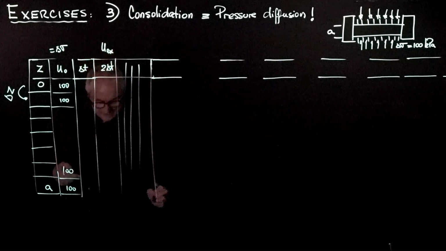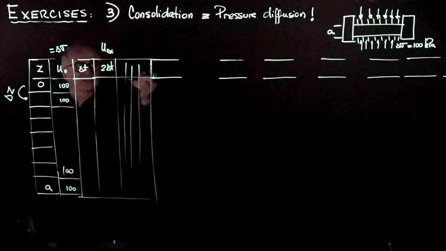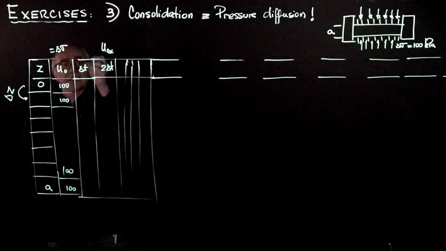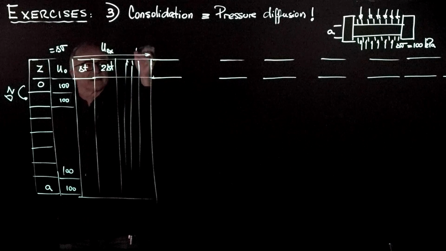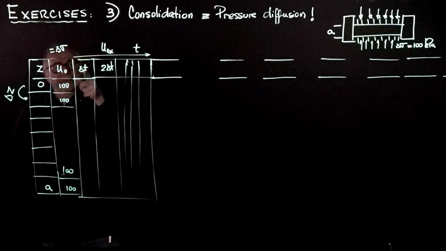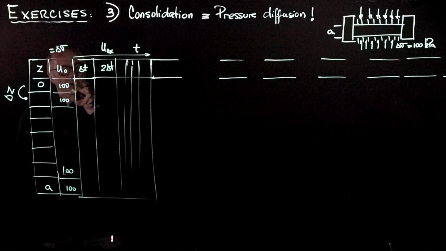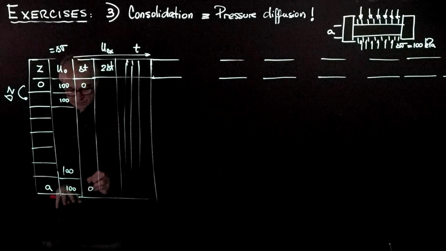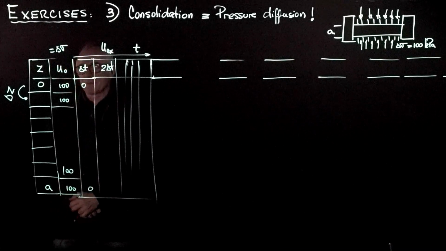So this series of columns is going to be for excess pore pressure. Now, at time where time is increasing in this direction, at time delta t, immediately after the load application, within that delta t, the pore pressure on the two drainage boundaries will drop to 0. So we know that condition as well.